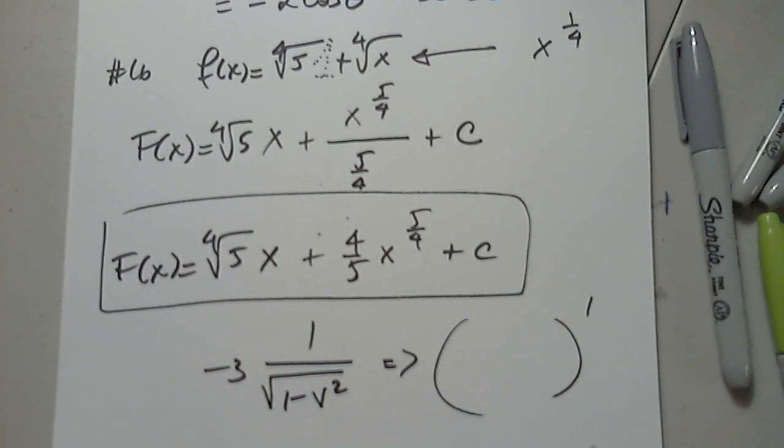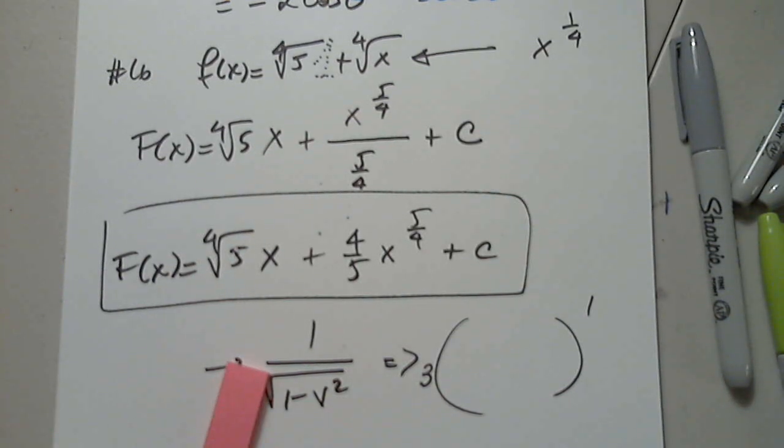Which function prime will give us this -3? I'm going to keep the 3 outside. Who cares? -1 over the square root of 1 minus v squared.